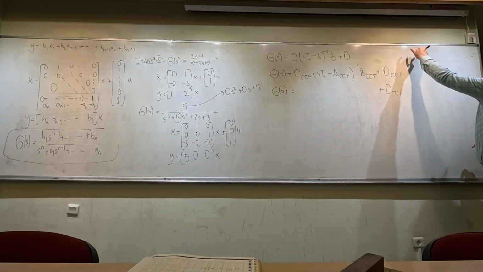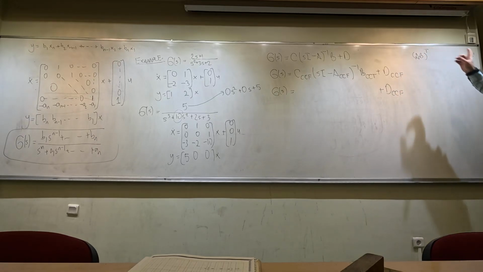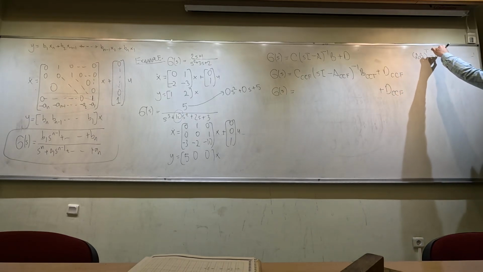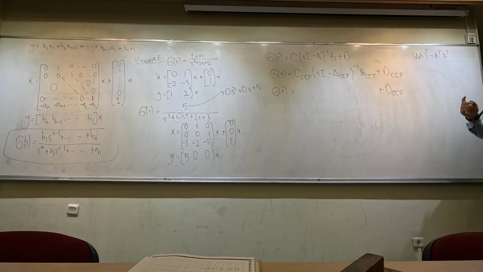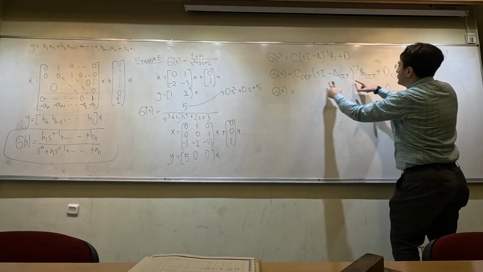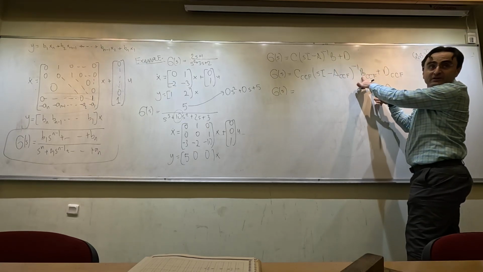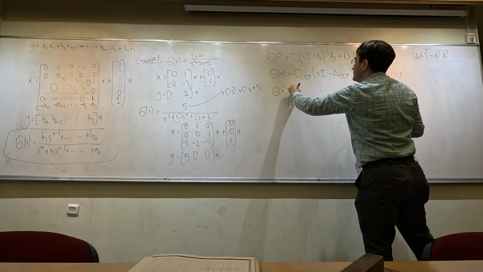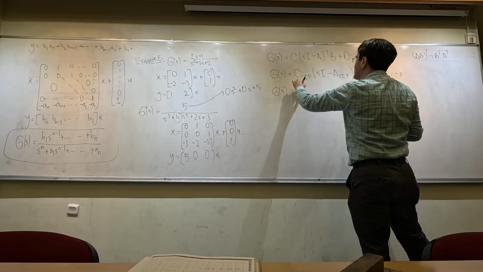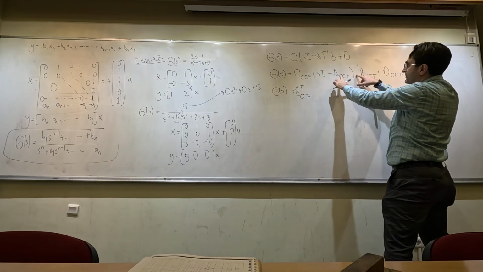So if I take the transpose of a matrix multiplication, how can I write this transpose? This is going to be B transpose and A transpose. The order is going to change. So when I take the transpose of this thing, I will take the transpose of the last factor first and write it here: B controllable canonical form transpose. And then I will take the transpose of this thing.